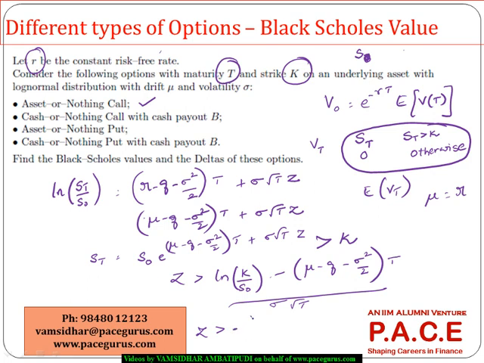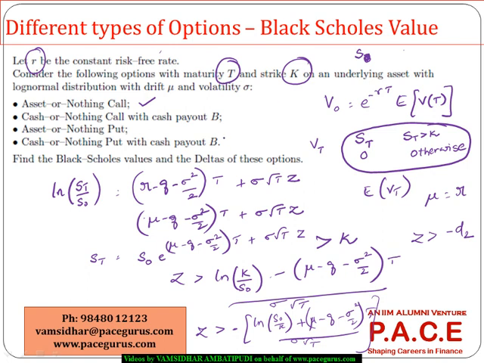So if I take the minus out, it becomes log S naught by K plus mu minus q minus sigma squared by 2 times t divided by sigma root t. So it becomes z greater than minus d2. If at all my r is the same as q, then it becomes z greater than minus d2.